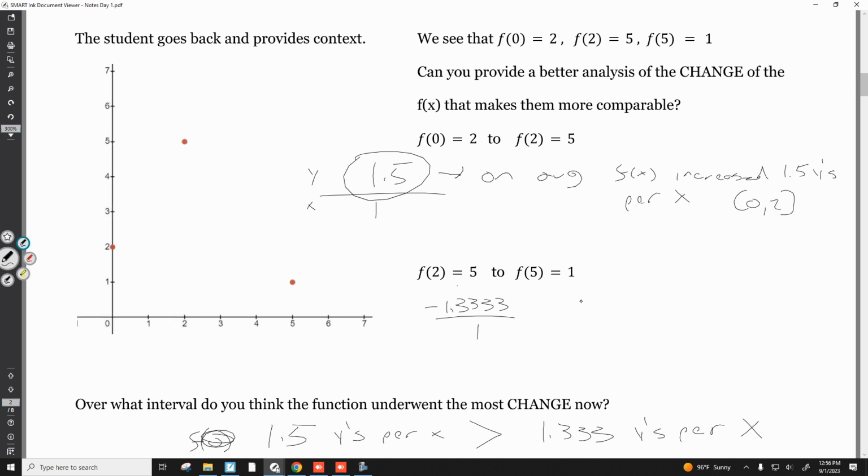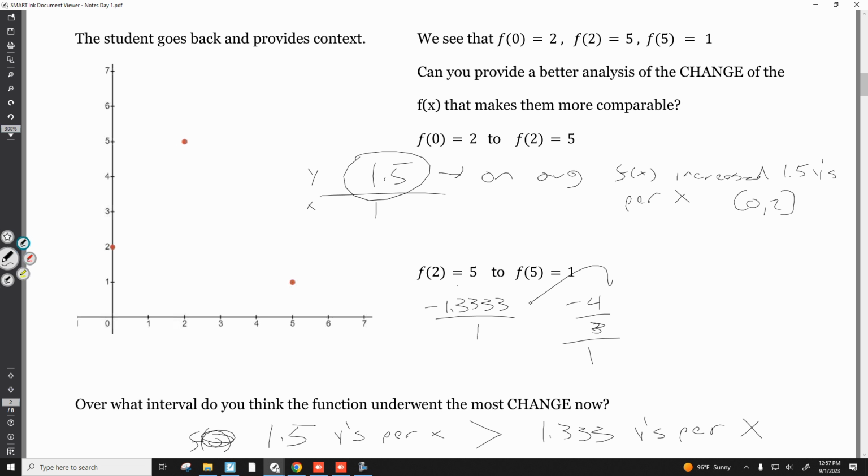A lot of people would have kept negative 4 over 3, and you would have said, oh, this is down 4 y's over 3 x's. I want you to change that perception to negative 4/3 over 1. On average, I went down 4/3 of a y per x over this interval.